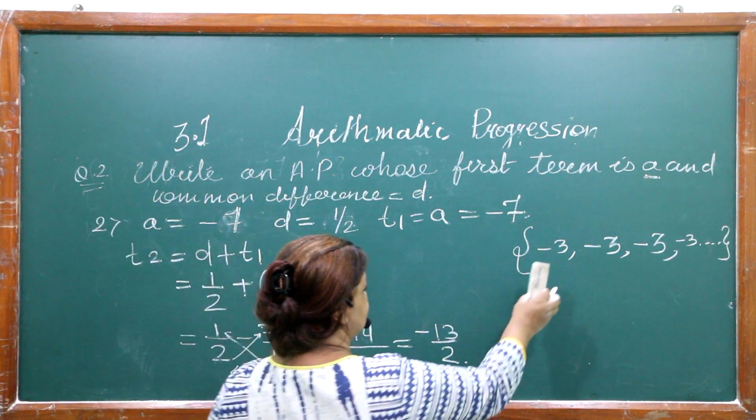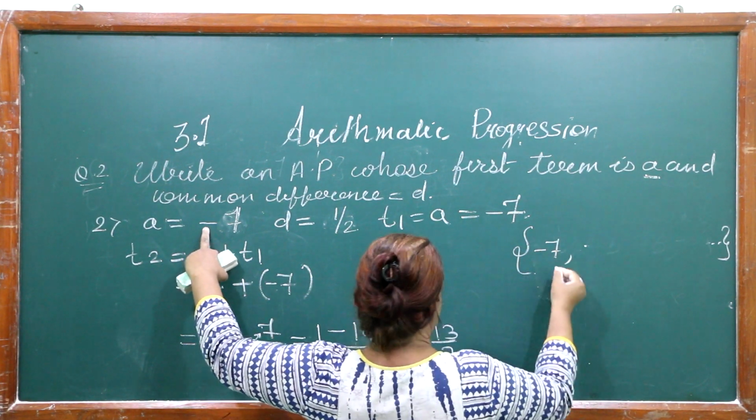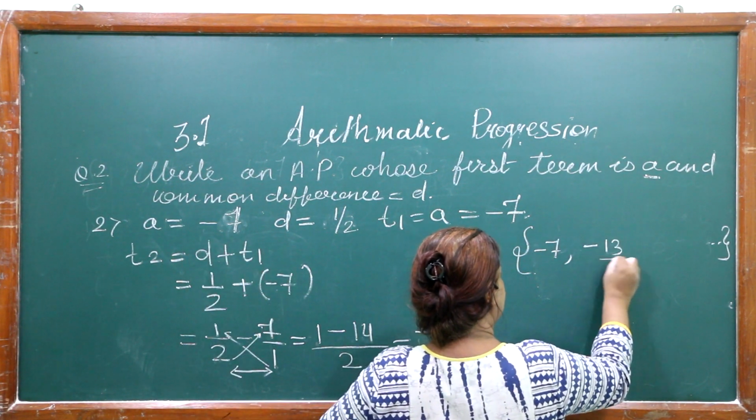So your first term is given as minus 7. The second term is minus 13 by 2.